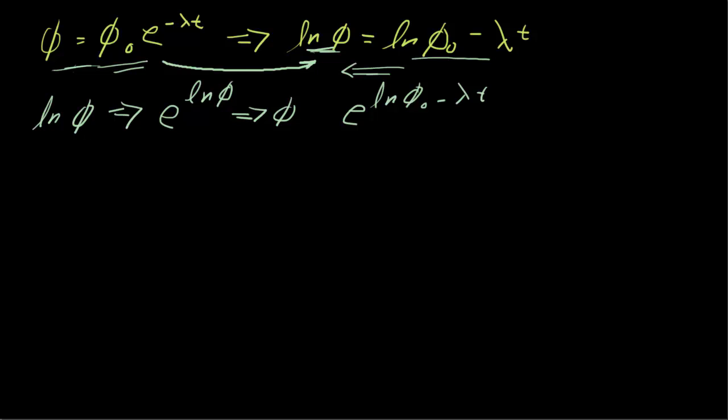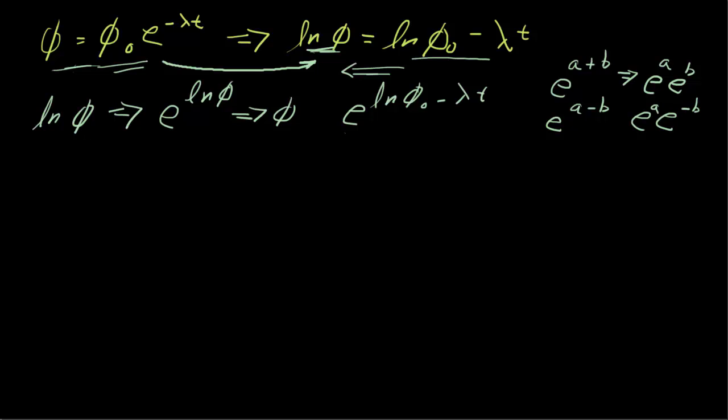If we have something like e to the a plus b or e to the a minus b, using these powers and the rules we use for manipulating powers, we know that this is equal to e to the a times e to the b, and this would be equal to e to the a times e to the minus b.